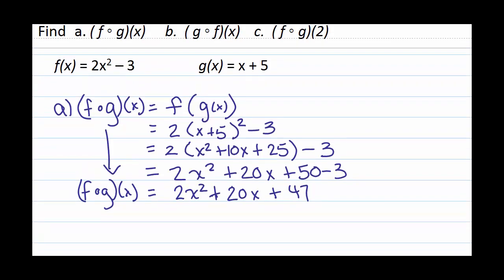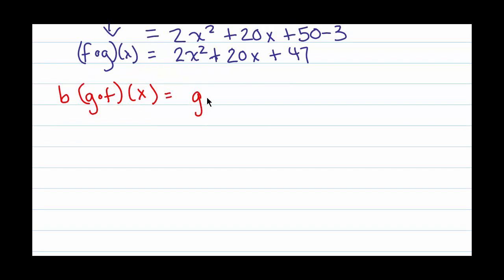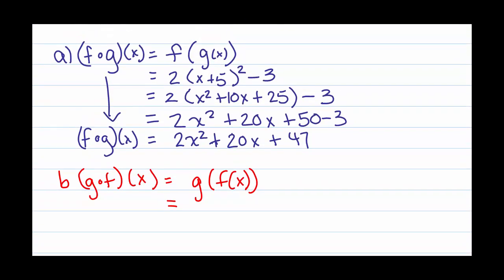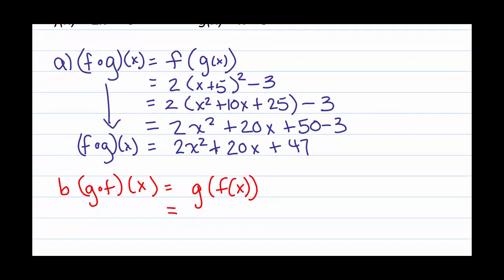B says find the composite of g of f of x. So g of f of x. You're plugging in your f of x wherever you see x. So now I'm going to go back up and look at my g function. So I have x plus 5. So the first thing I have is x. So I'm going to go ahead and plug in my f of x.